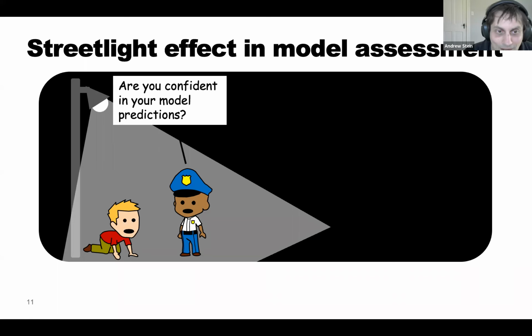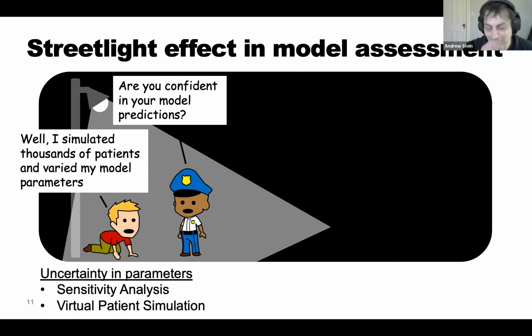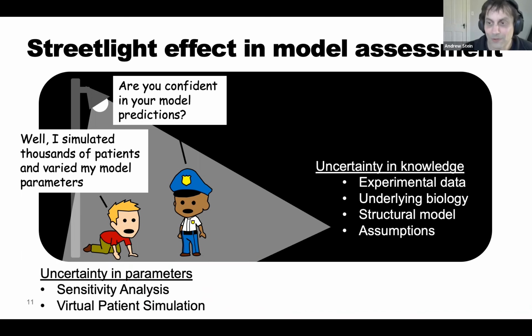When it comes to model assessment and thinking about whether we're confident in our model predictions, we know how to do things like sensitivity analysis and simulating patients from our model. But there's this whole other set of things that are more in the dark and can be harder to think about, like the quality of the experimental data, or how well we even understand the biology.